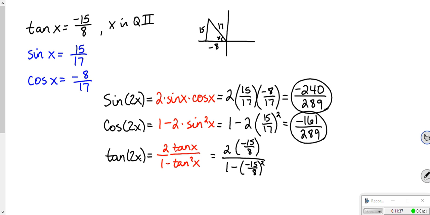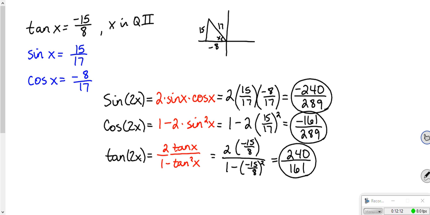Your denominator is a binomial, so you have to put parentheses around the whole denominator, or you're going to get the wrong answer. So this gives us 240 over 161. Again, sine of 2x is negative, cosine is negative, tangent is positive for the double angle formulas there.